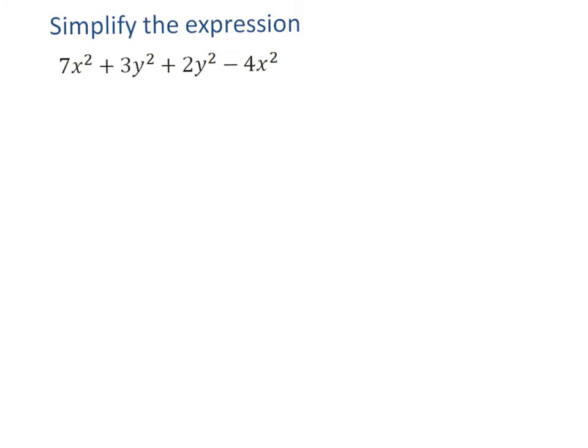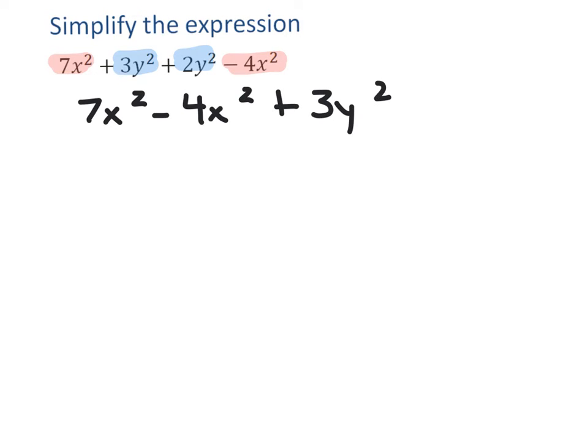Now, in order to simplify an expression, we have to identify our like terms. So in this example, we have 7x squared and negative 4x squared are like terms, and 3y squared and 2y squared are like terms. So we can rewrite our expression to say 7x squared minus 4x squared plus 3y squared plus 2y squared.